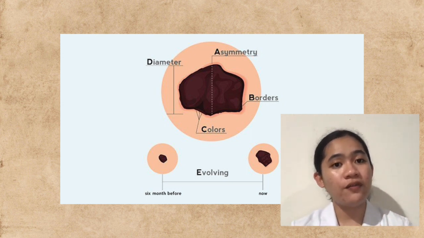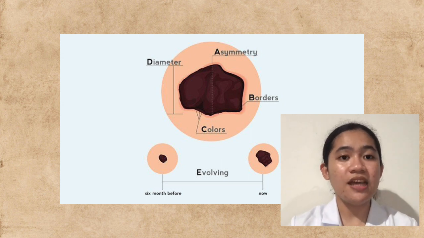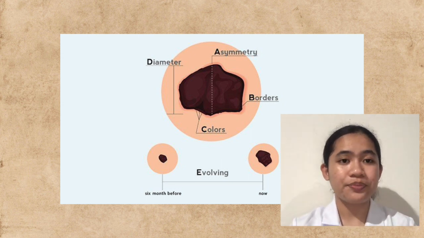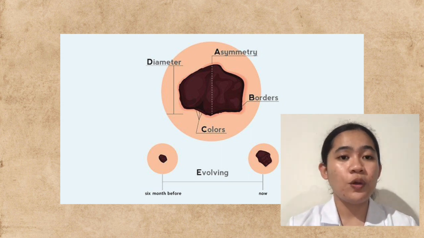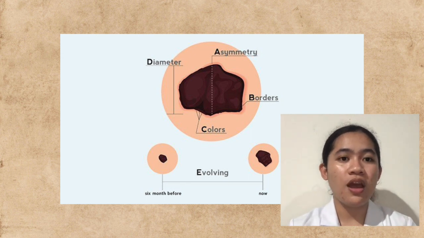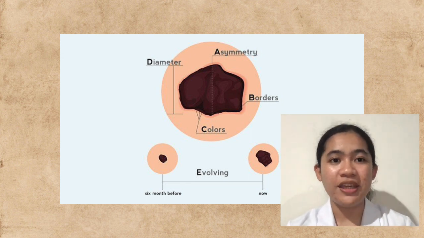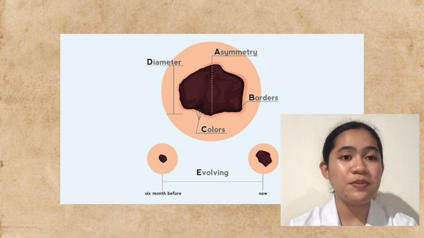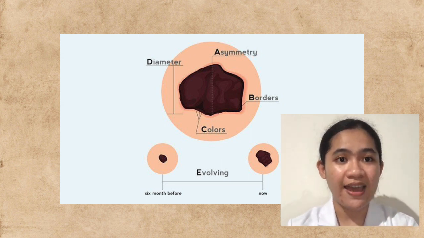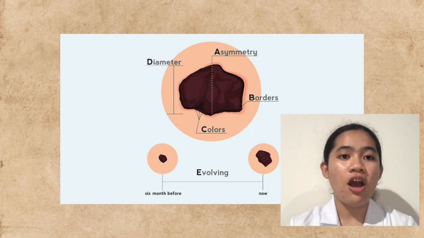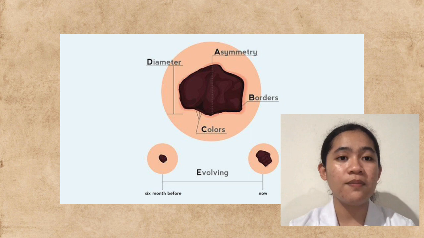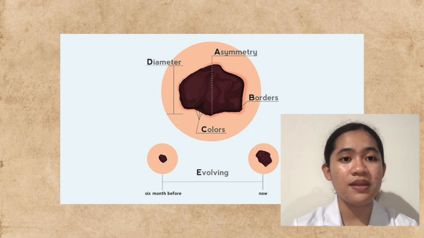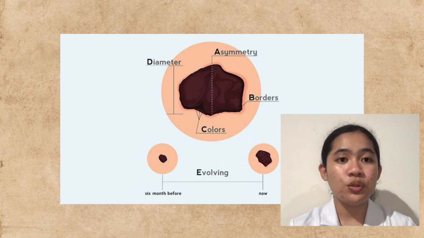And for E, evolving, if you notice that a mole in your body, every time you inspect it, which was a few years ago or a year back was small, and then recently when you inspect that mole, you notice that it has become bigger or larger in size, then it is viable for melanoma, because it is no longer normal, because a normal mole shouldn't evolve.